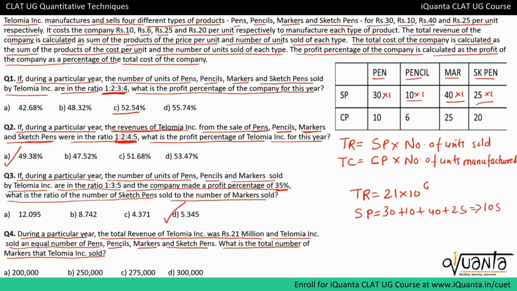So selling price of 1 unit of each of pen, pencil, markers and sketch pens is 105. Total revenue is 21 into 10 to the power 6. So the number of units sold will be 21 into 10 to the power 6 upon 105. So that gives us 2 into 10 to the power 5. That means option A will be the correct answer to this question.